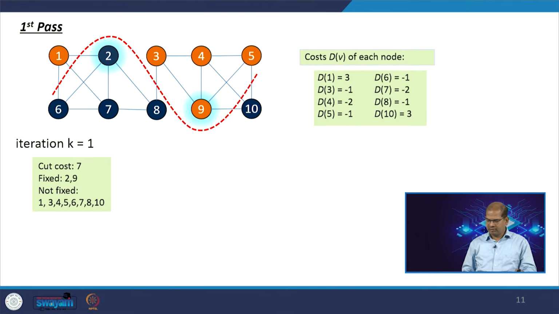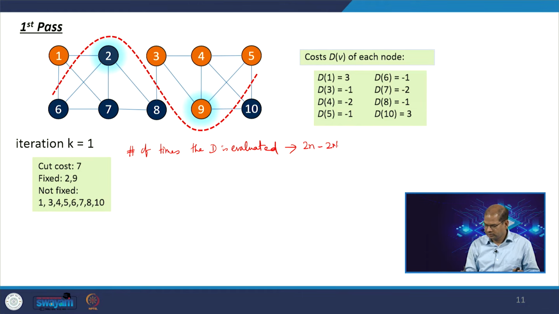Now we will calculate D of each remaining node. The number of times D is evaluated is 2n minus 2k. 2n in this case is 10, minus 2, which is 8.